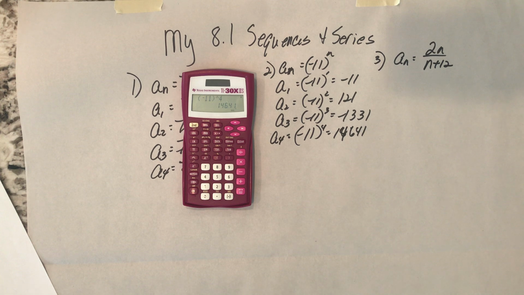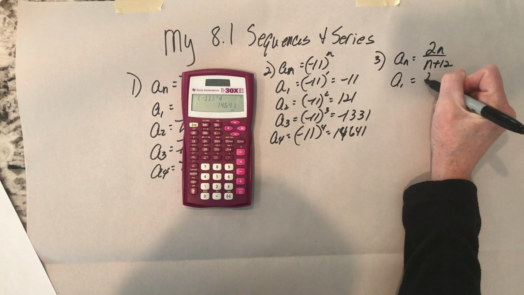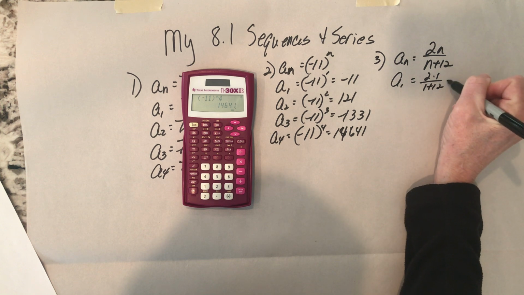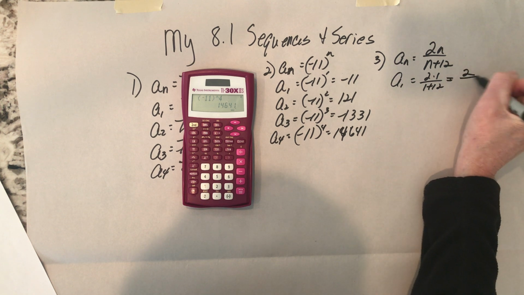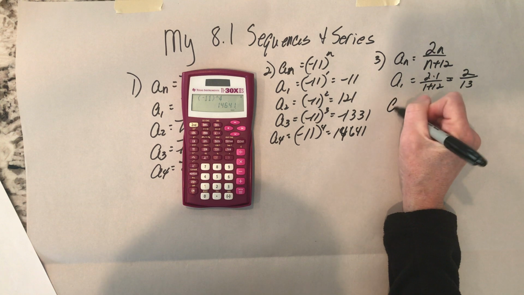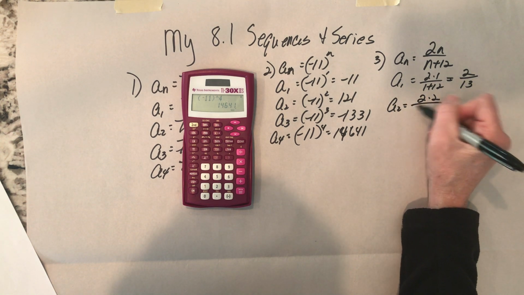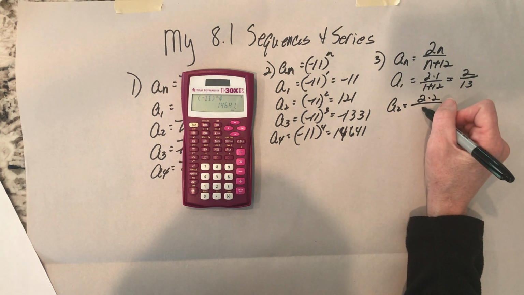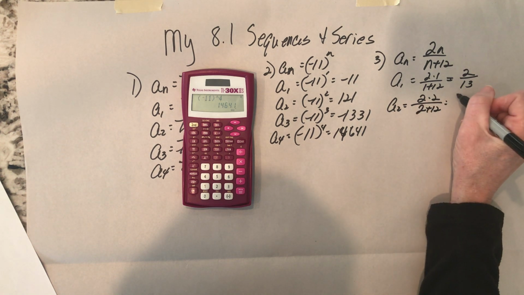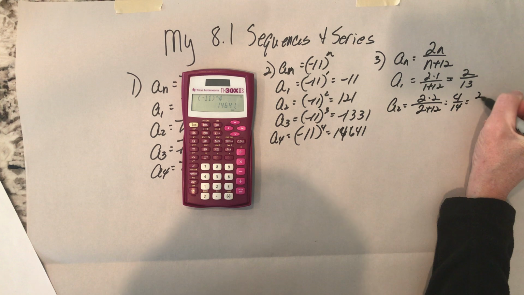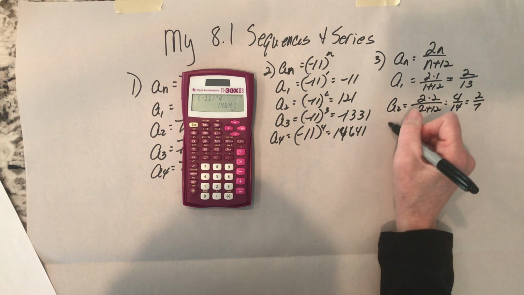Number 3, you've got a sub n equals 2 times n over n plus 12. We're coming up with the first 4 terms of that also. So a sub 1 is 2 times 1 over 1 plus 12. That equals 2 over 13. A sub 2 is 2 times n, in this case it's a 2, over 2 plus 12. That gives you 4 over 14, which reduces to 2/7.